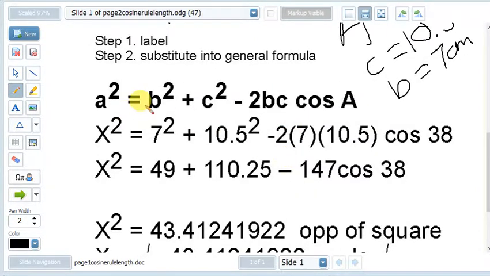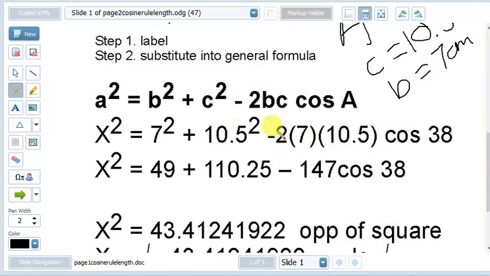So therefore we write down our general formula, a squared equals b squared plus c squared, and this bit here looks a bit like Pythagoras theorem, and then we've got the minus 2bc cosine of A. So now we substitute in. So from our diagram we know that A is x, B is 7, C is 10.5, and this means 2 times B times C, and I've just written that like brackets.